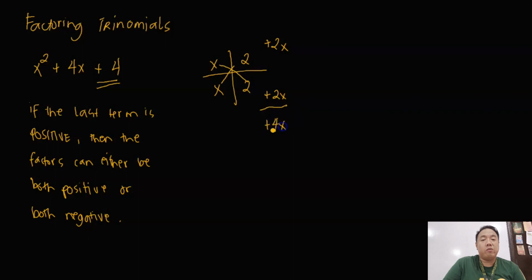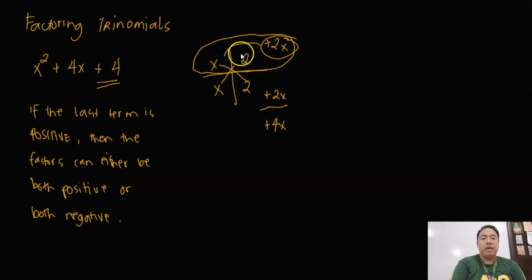Pareho na po tayo sa middle term ng ating given trinomial. Yes, very good. So, ito na po yung magiging factors natin. Kaso, kulang siya ng signs. Kung ano yung sign na nandito, yun yung ilalagay natin sa gitna ng dalawa.